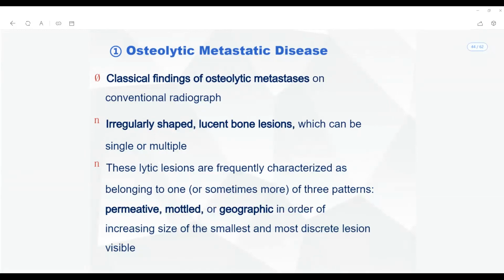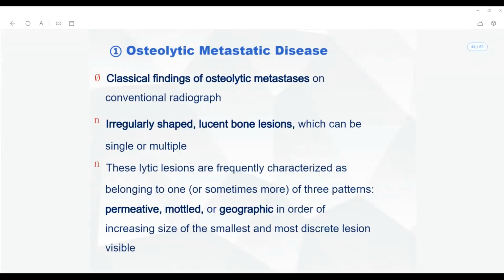You cannot confuse Paget's disease with multiple myeloma. Both of them are called skip lesions, but there is a classical differentiation.